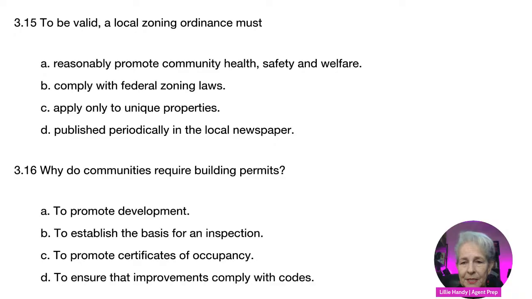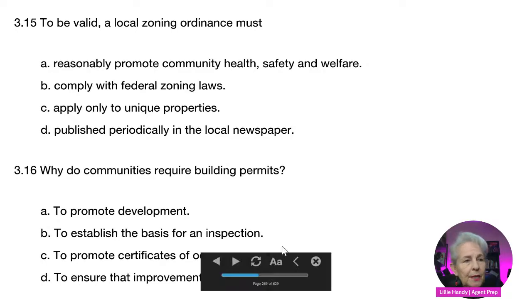Come on, participate. I've got 3 individuals right now. Anyone? The answer is D. To ensure that improvements comply with codes.